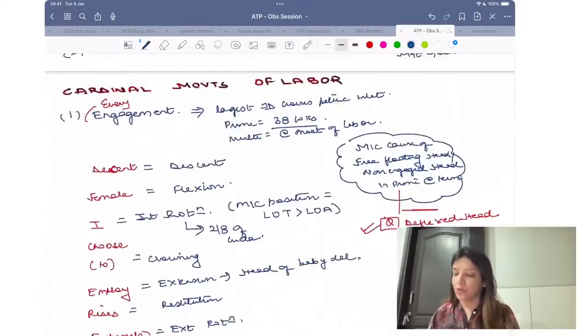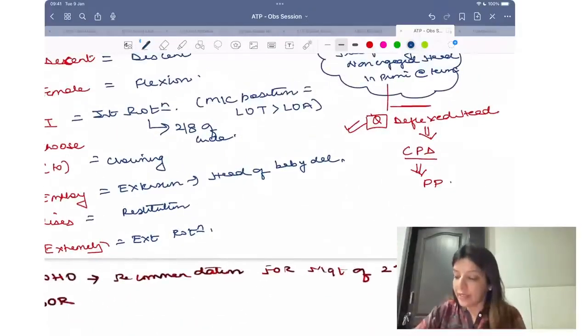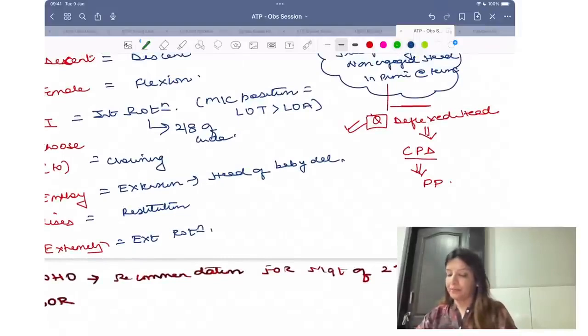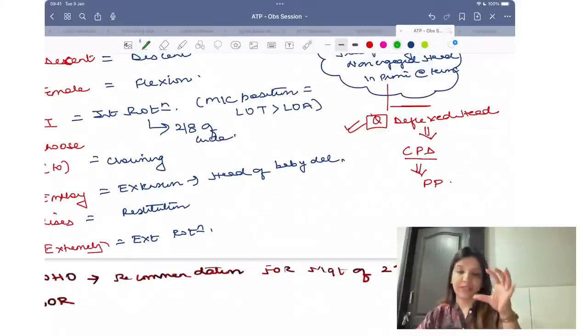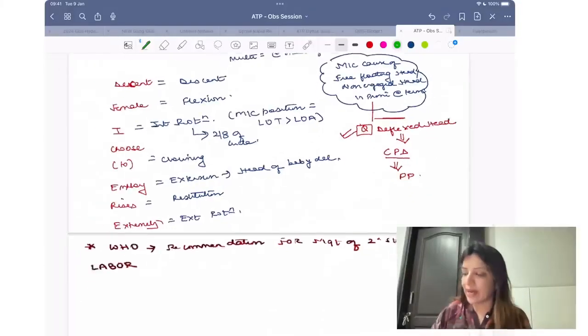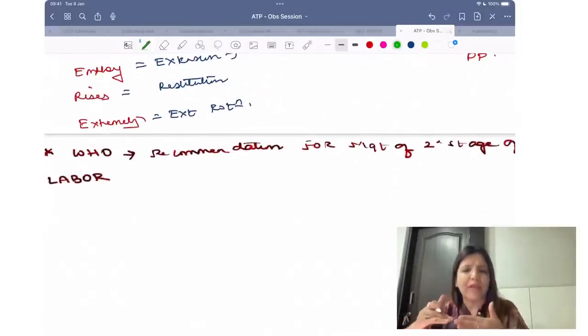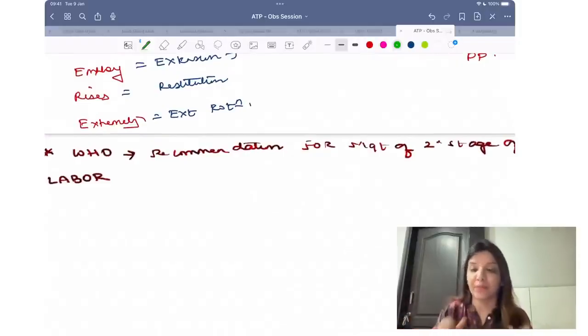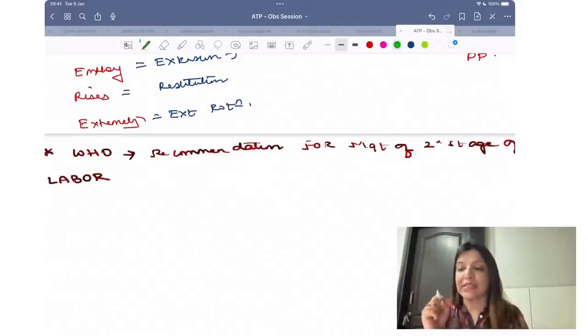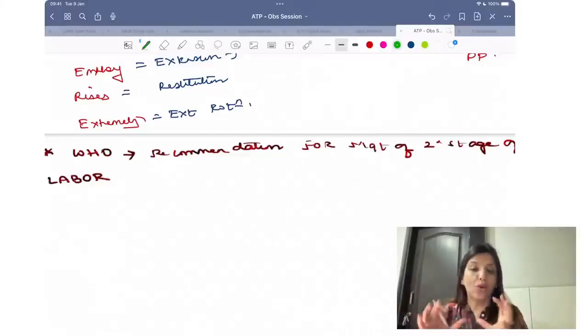Now you are going to tell me, in case of normal delivery, the head of the baby is extending while it is delivering. So WHO has said that because when the head of the baby extends, there are high chances of perineal tear. So to prevent that perineal tear, what are the recommendations given by WHO?